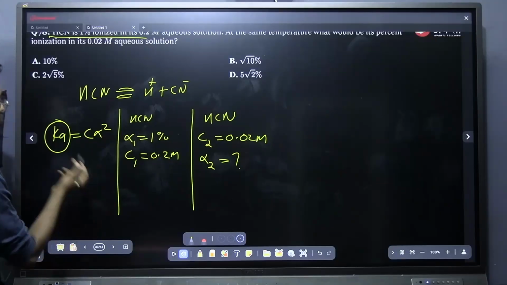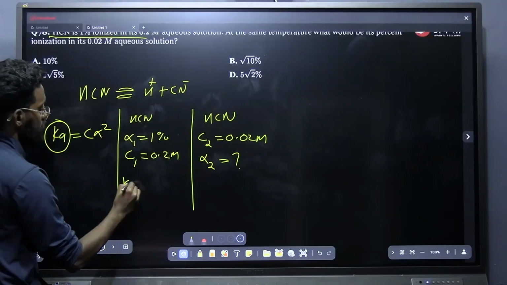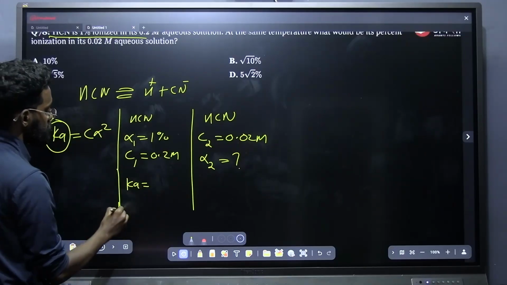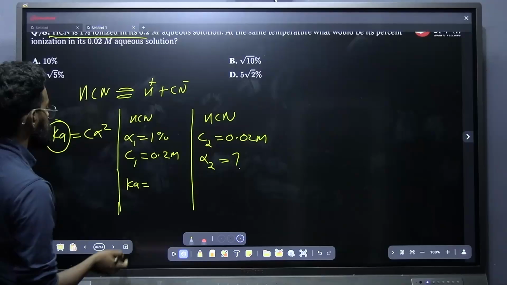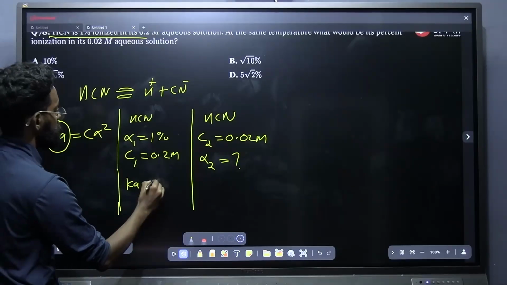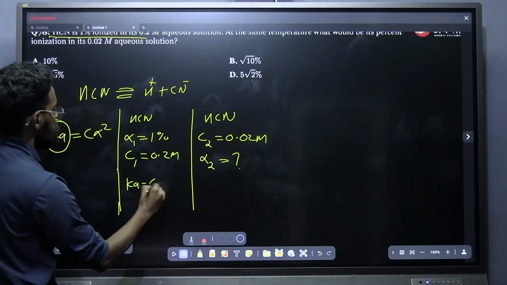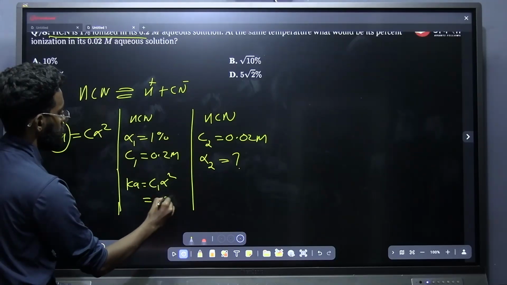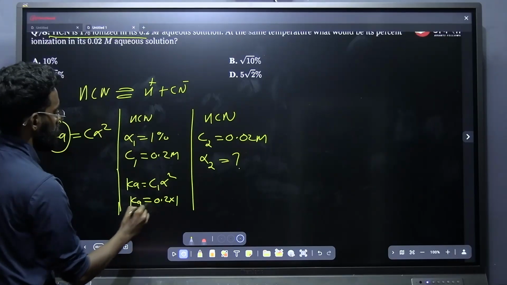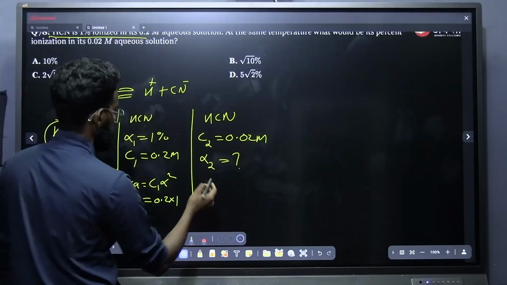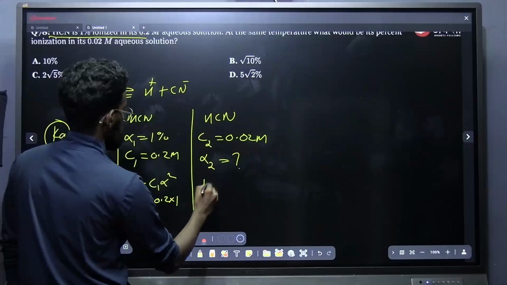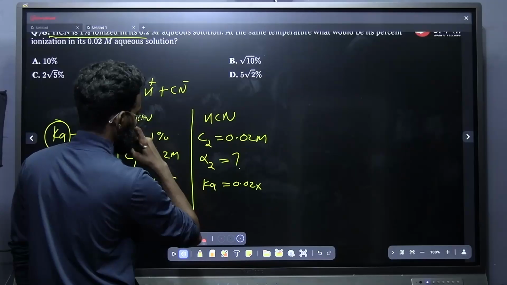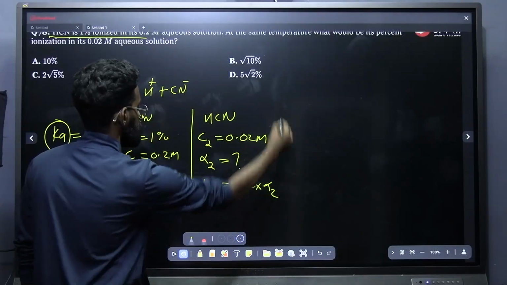So we can take an equation for the first one. Ka is equal to C alpha square, which is equal to C1 alpha 1 square, which is 0.2 into 1. Now for the second one, Ka is 0.02 into alpha 2 square.